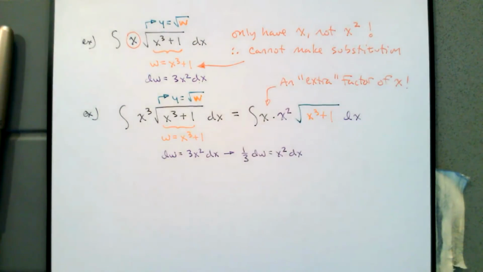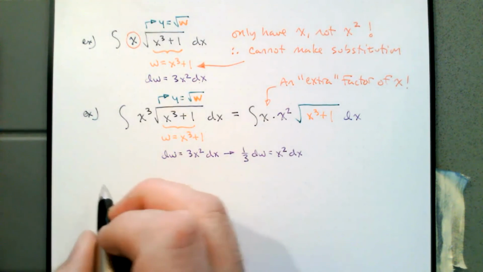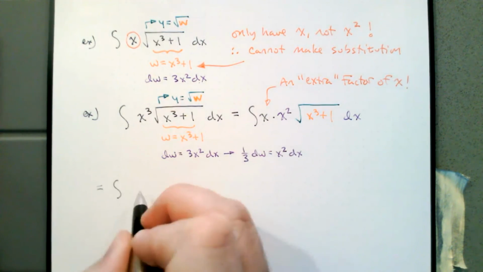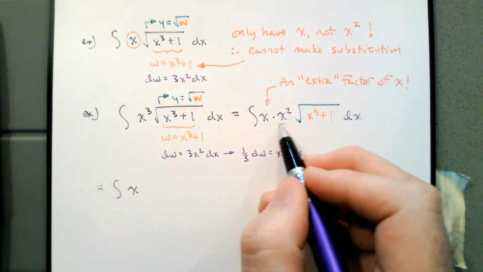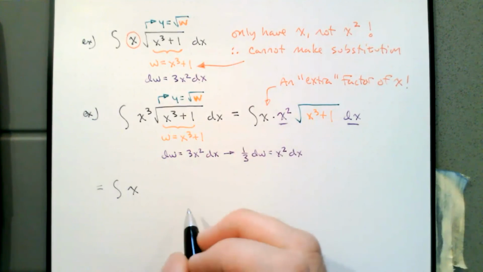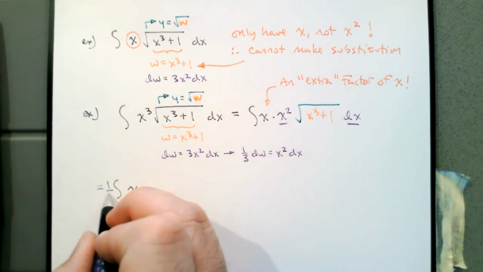The first rule of substitution is that all x must become w. This x squared and the dx can be replaced with a 1/3 dw.